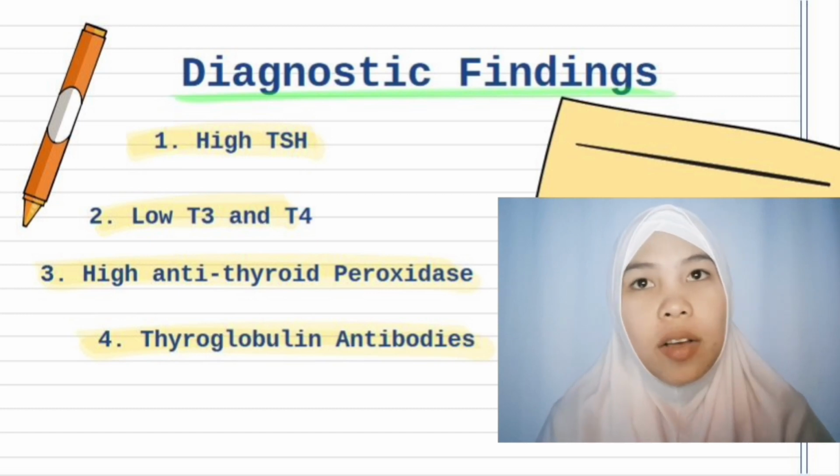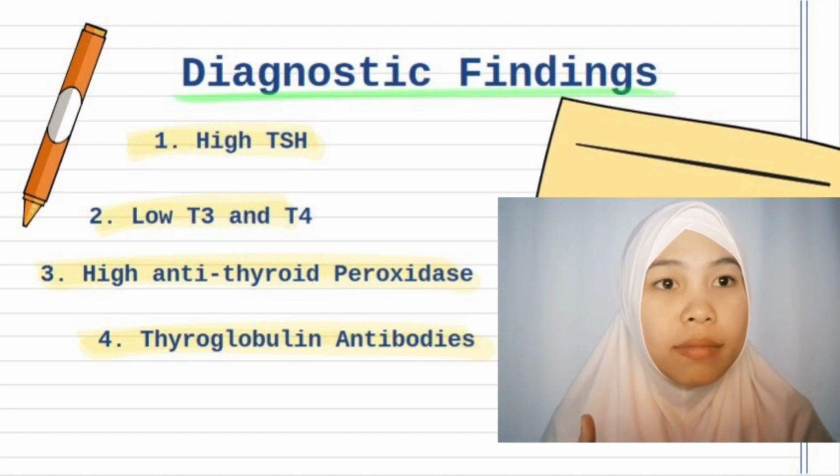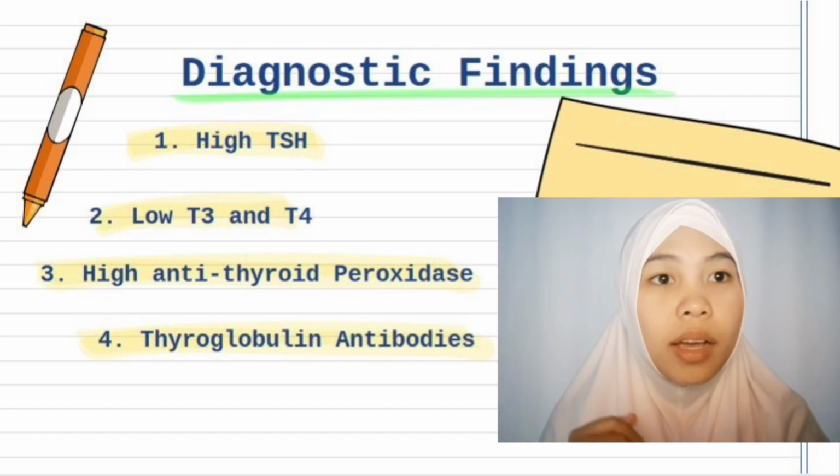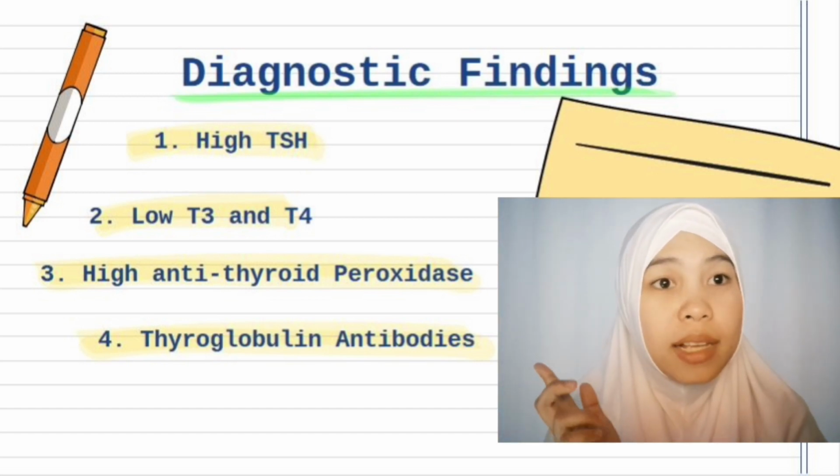Okay, so pag merong high thyroid stimulating hormone, meaning, yung katawan mo, nagko-compensate para i-force niya si thyroid gland to increase its T3 and T4. So, meaning, pag mataas yung TSH, mababa ang thyroid hormone mo.